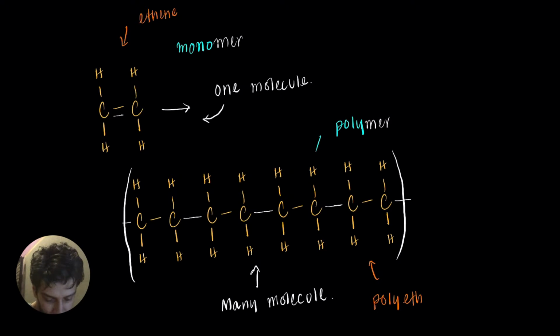Do you guys know what polyethene is? Long chain of ethenes, clearly. But have you used polyethene anywhere? They do not have a double bond. It's called polyethene because they're made up of many ethenes. Of course, it's not ethene.